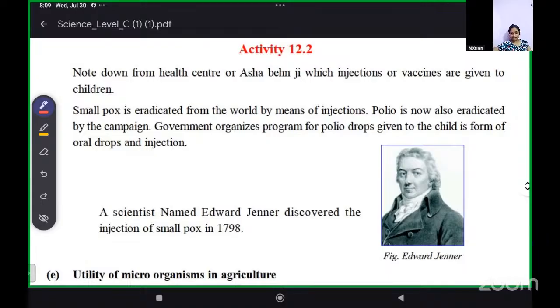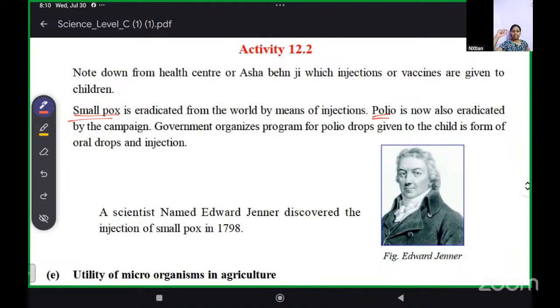Now, in terms of health centers or Asha workers, which injections or vaccines are given to children? Smallpox is eradicated from the world by means of injections, and polio is now also eradicated by the campaign. Before, there was a lot of risk of these two things, smallpox and polio. But once children are some months older, they start giving them vaccination in the form of drops.